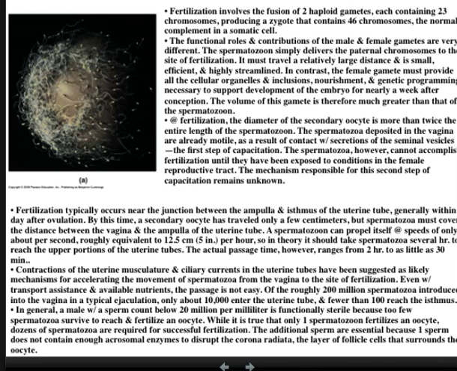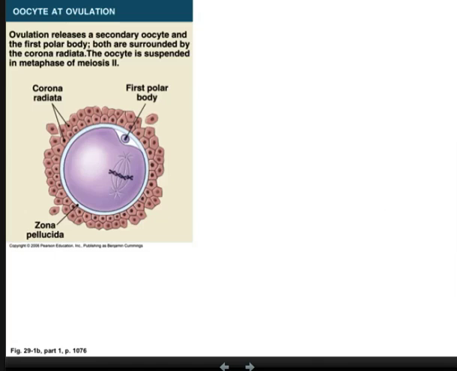The additional sperm are essential because one sperm doesn't contain enough of these to disrupt the corona radiata and get to the egg cell membrane. In addition to that, as we saw in the Miracle of Life video, they also provide propulsion for the egg to help it move down the oviduct.